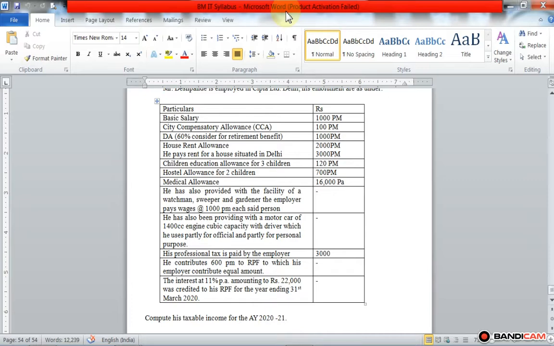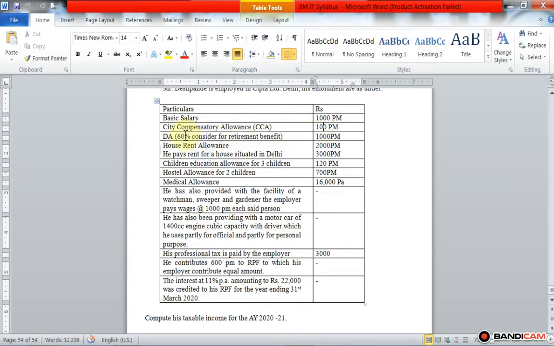Basic salary received by Mr. Deshpande from his employer amounted to rupees 1000 per month. Then city compensatory allowance, CCA, 100 per month.